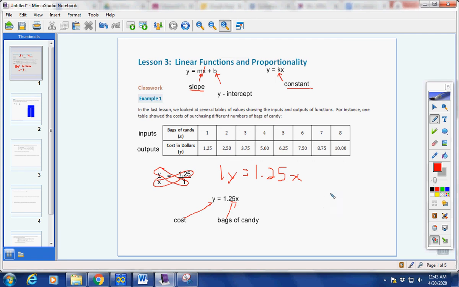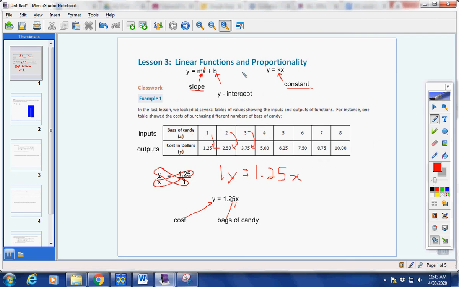So this is a proportional relationship because we are multiplying by 1.25 every time. 2 times 1.25, 3 times 1.25, and so on and so forth. Okay? But it's also a linear relationship. Think about it. If you buy 0 bags of candy, it costs $0. So in this case, it would be both.